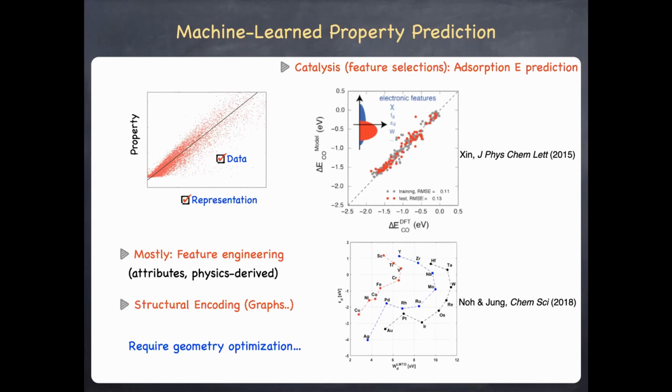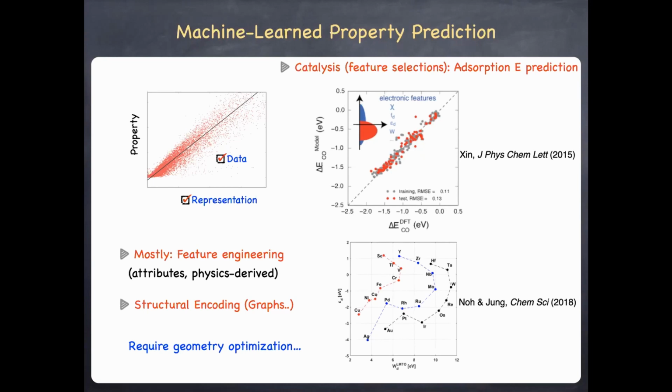The reason is because, for example, if you use some kind of feature engineering, then you basically use simple attributes of the molecules, such as electronegativities, electron affinities, and so on. And those features should change once you want to predict a different property. So that's why the representation is important.